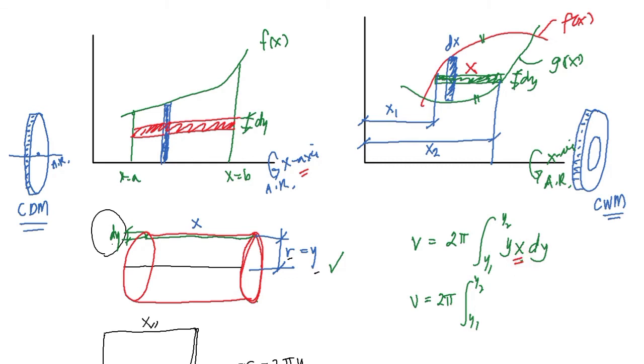Etong x natin will be expressed as x sub 2 minus x sub 1, multiplied by y dy. So this is the case kapag it is bounded by two curves.